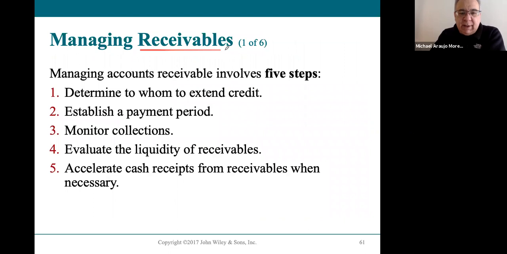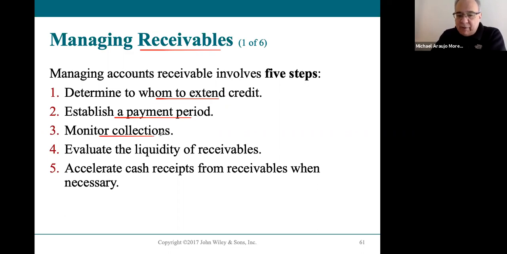How would you manage your receivables? Pretty simple. Again, most of these are going to be from business to business sales. So who are you going to extend the credit to? What's your repayment period going to be? Again, for the vast majority of industries, it's 30 days. Some industries have a longer window, 45 days, 60 days in some industries.